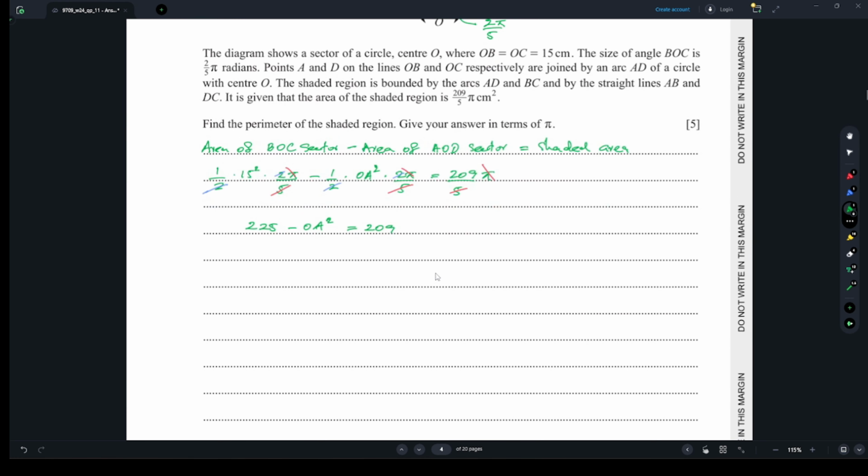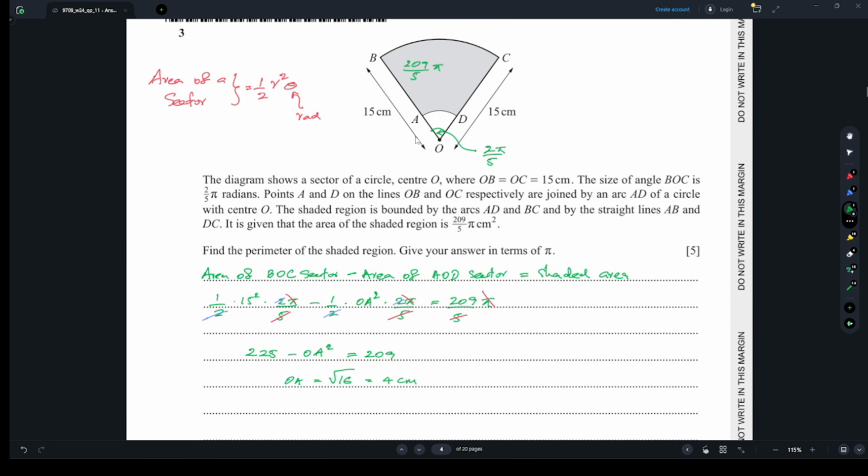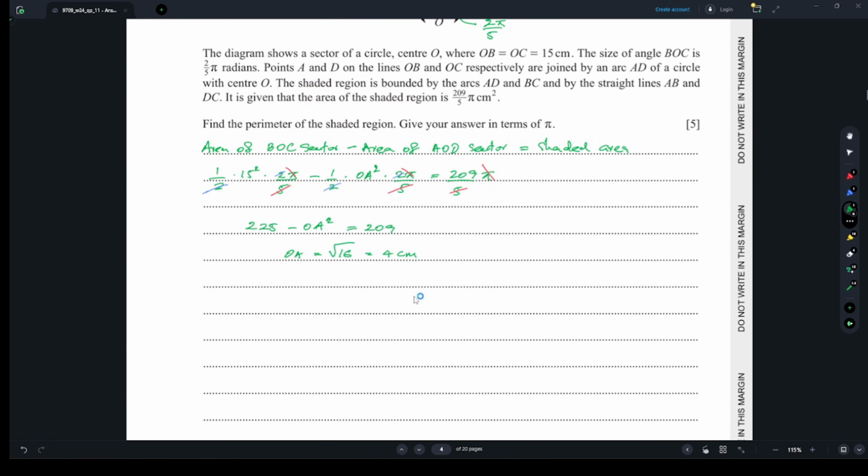Okay, and so we can write OA equals the square root of 225 minus 209, which is 16. So we have to take the square root, which is 4 centimeters. So this is the radius of the small part, the OA distance or OD distance.